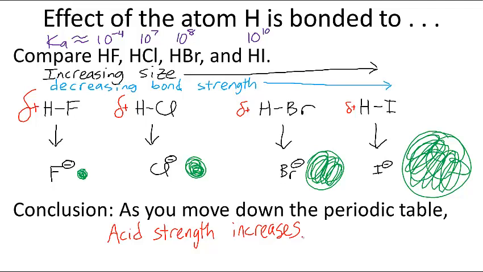And usually, I think, bonds between smaller atoms tend to be stronger than bonds between bigger atoms, partly because the shared electrons between two bigger atoms don't get to be as close to the two nuclei as they do when two smaller atoms bond. And so there's not as much of a stabilizing effect for the electrons.